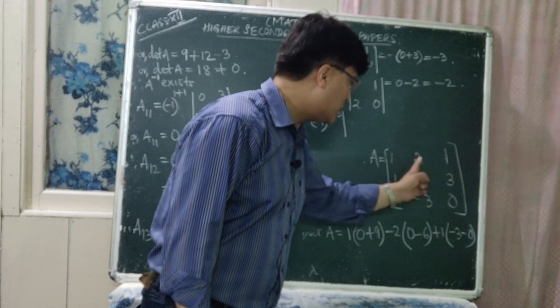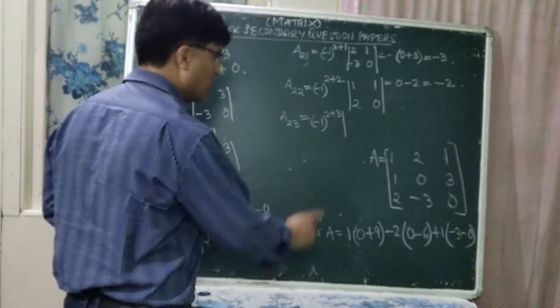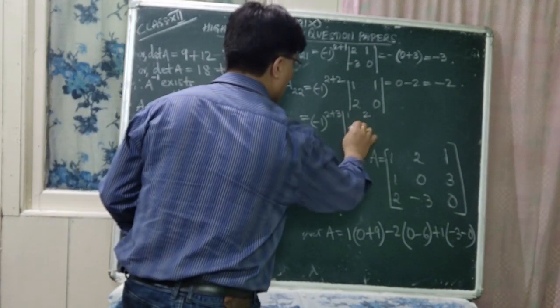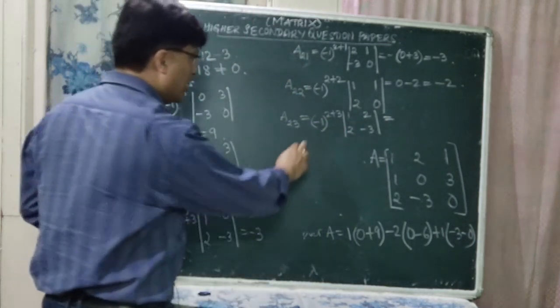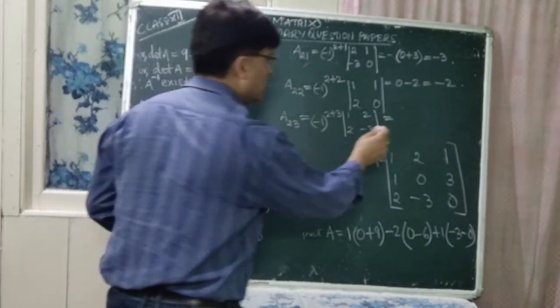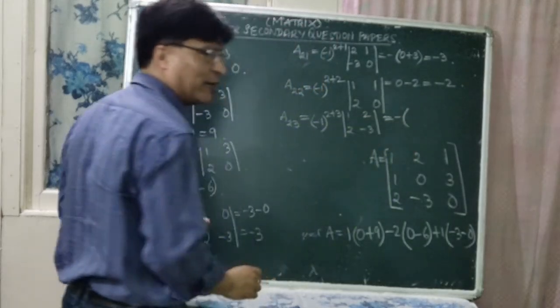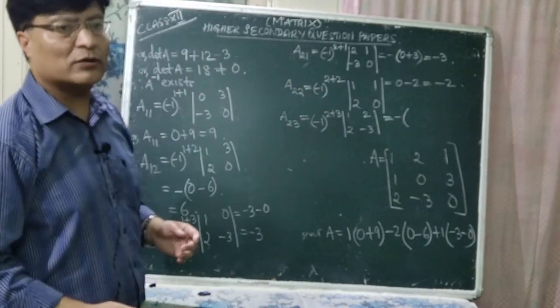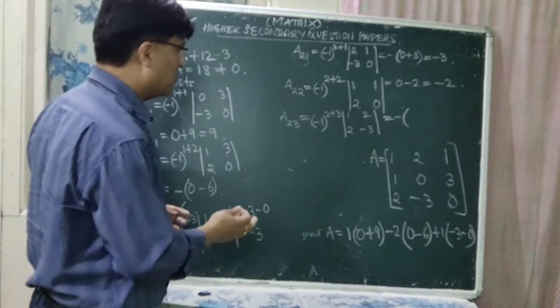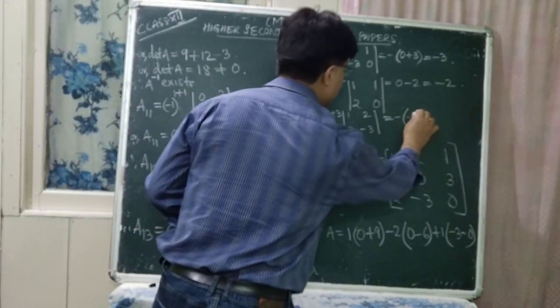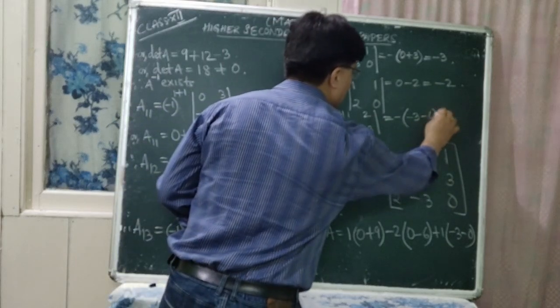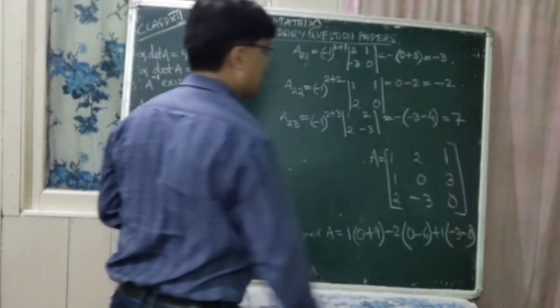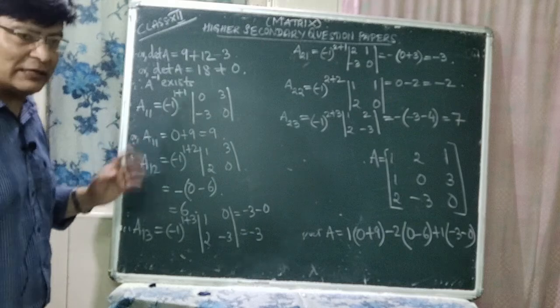What remains? 1, 2, 2, minus 3. Which is equal to, what is minus 1 whole to the power 5? That is your minus, and within brackets this second order determinant, you can expand it further. What do we get? 1 into minus 3, then comes minus 2 into 2, which is equal to minus 7, so the cofactor is 7. Is that clear to all of you?